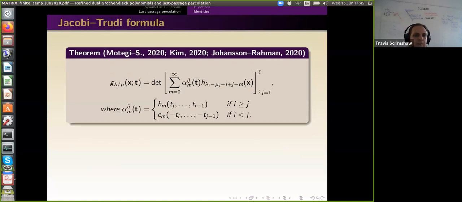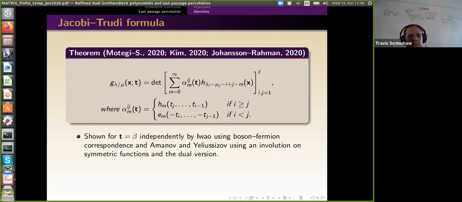And we have a normal Jacobi-Trudi formula. And this was independently proven by Jang Soo Kim as well using plethystic techniques. But we also found out that Johansson and Raman proved this in the same way that Motegi and I did at basically the same time.